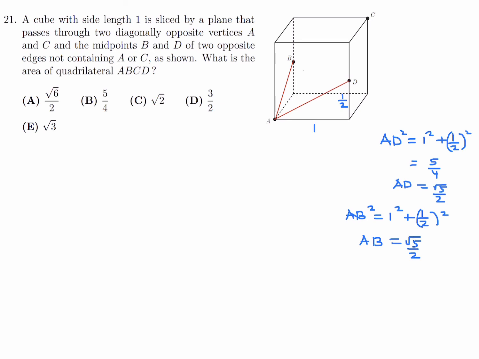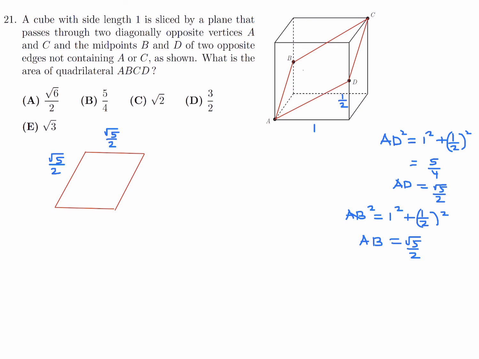And if you continue and do this for BC and BD, you'll get similar answers. And therefore, this is actually not really that difficult because it is a rhombus. It has the same side length for all four sides, and that side length is root 5 over 2.